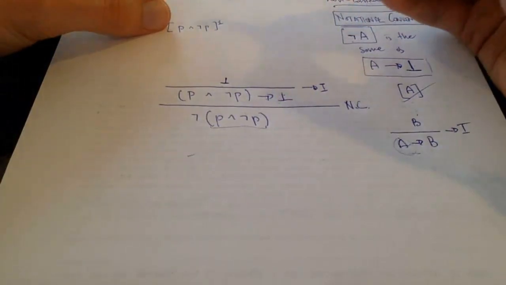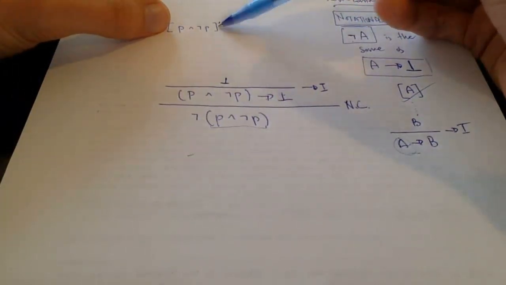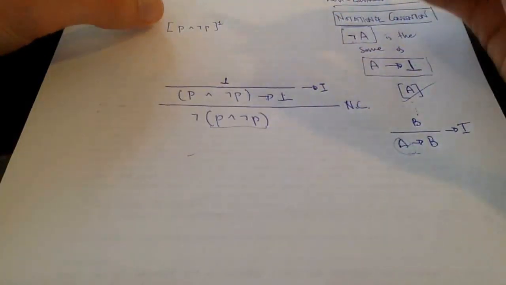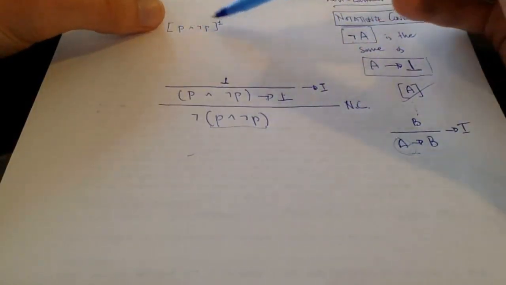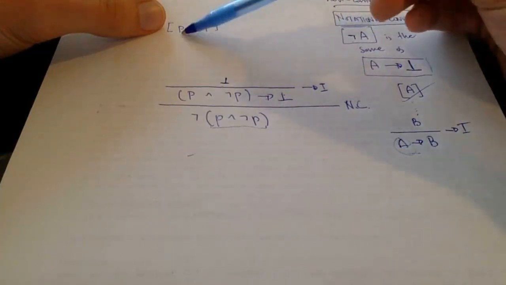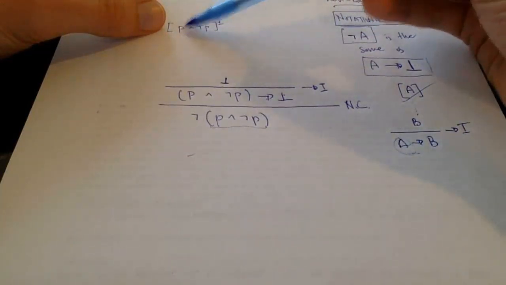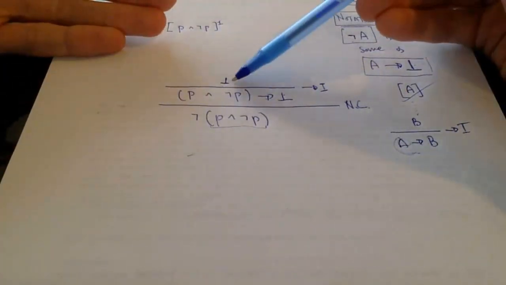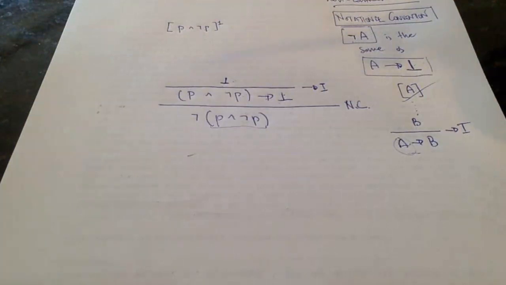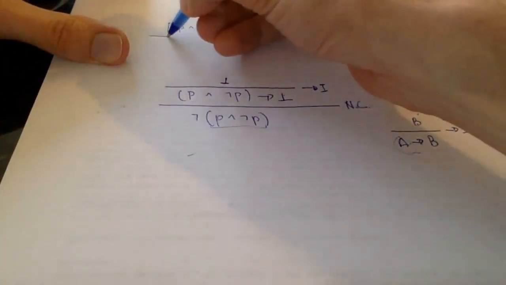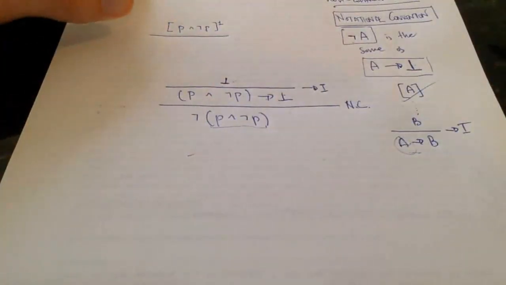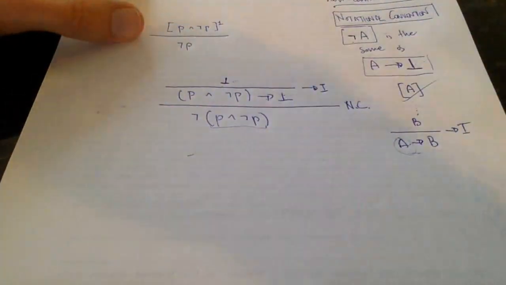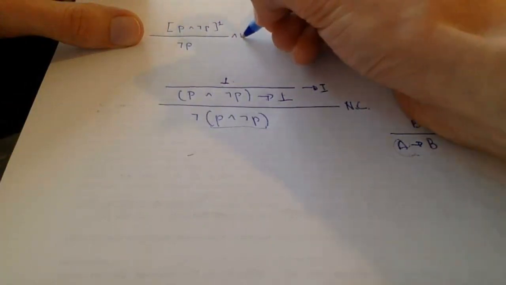Now the question here is, I have this assumption number one, how do I get to the contradiction? What's interesting is that this assumption here is effectively a contradiction because it contains P and not P. So I just need to unpack this a little bit in order to get to my contradiction. So one thing I can do here is I can extract from this not P. And this I do just by conjunction elimination.